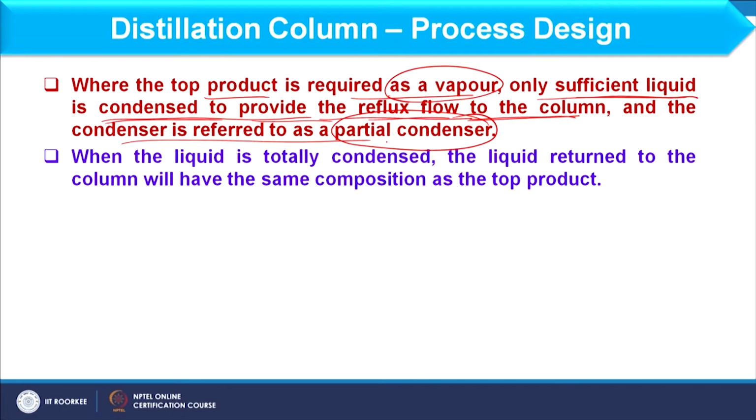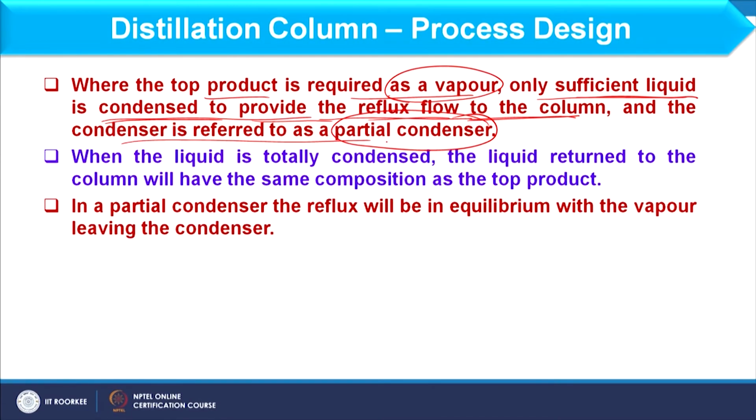And if the top product is in the liquid phase, and reflux will also be in the liquid phase, we can consider that total condensation is required, and in that case it is called a total condenser. In a partial condenser, the reflux will be in equilibrium with the vapor leaving the condenser.